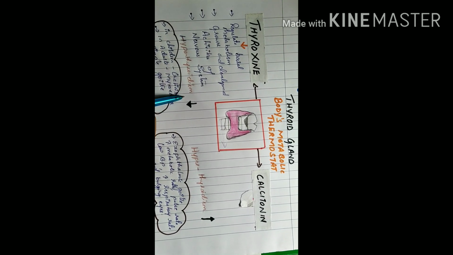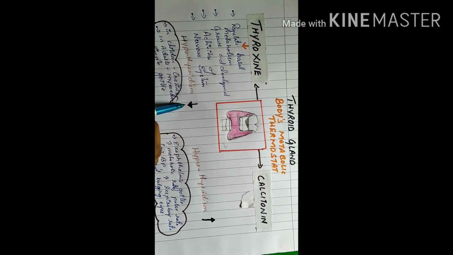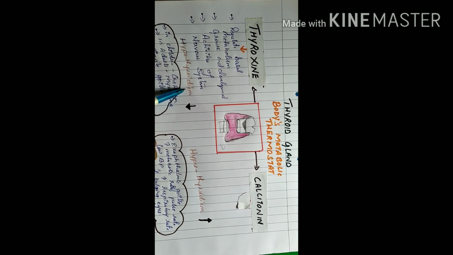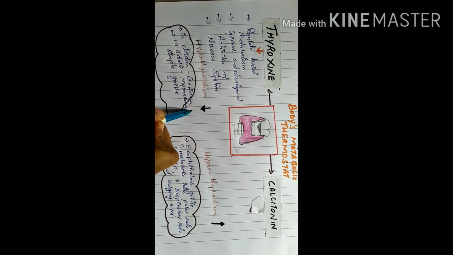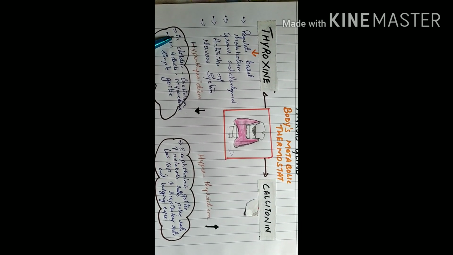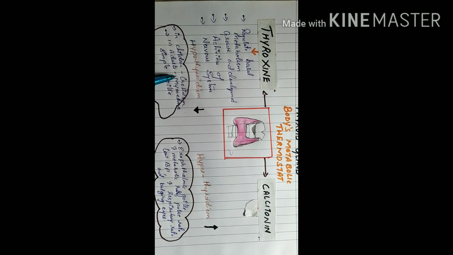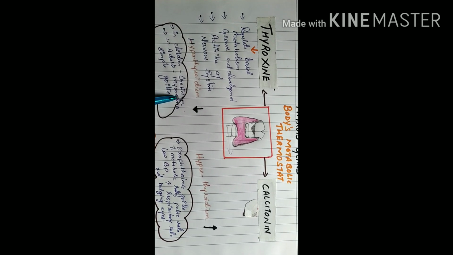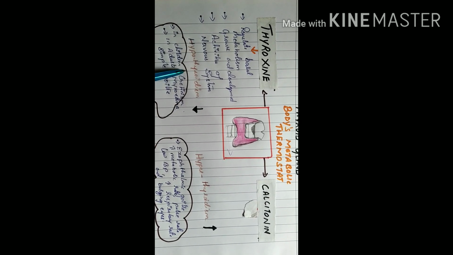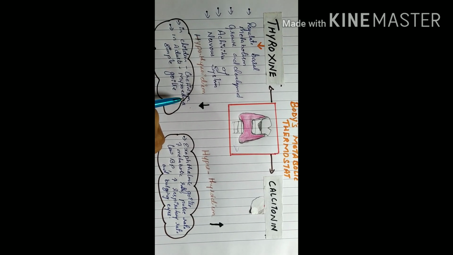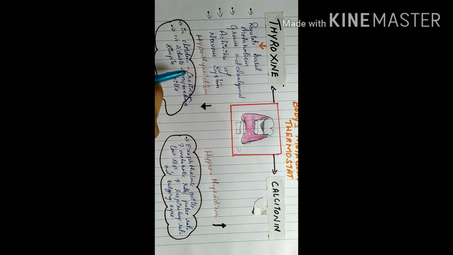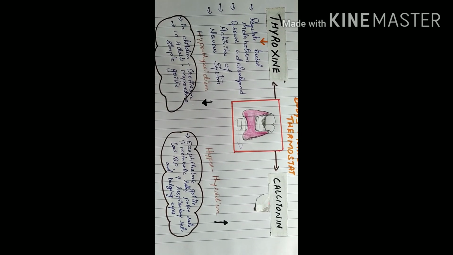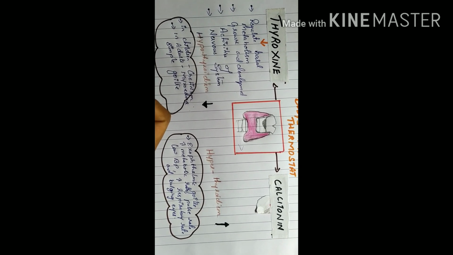Hypothyroidism is a condition where thyroxine is produced in a very small amount, especially in children. It leads to cretinism, the malfunctioning of the thyroid, which in childhood leads to retarded physical and mental development and delayed growth of the body.